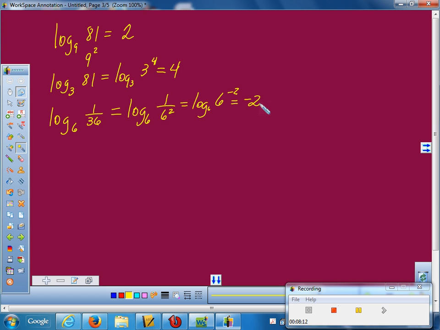What if I was to give you, what have I not done here? What's another number? Log base 11 of the cube root of 121.